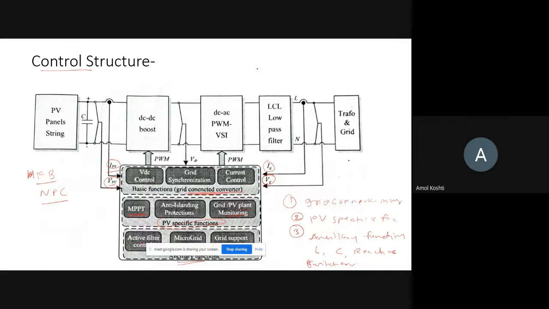And in PV inverters, two topologies are used. One is the full bridge inverter, the second is neutral point clamping.